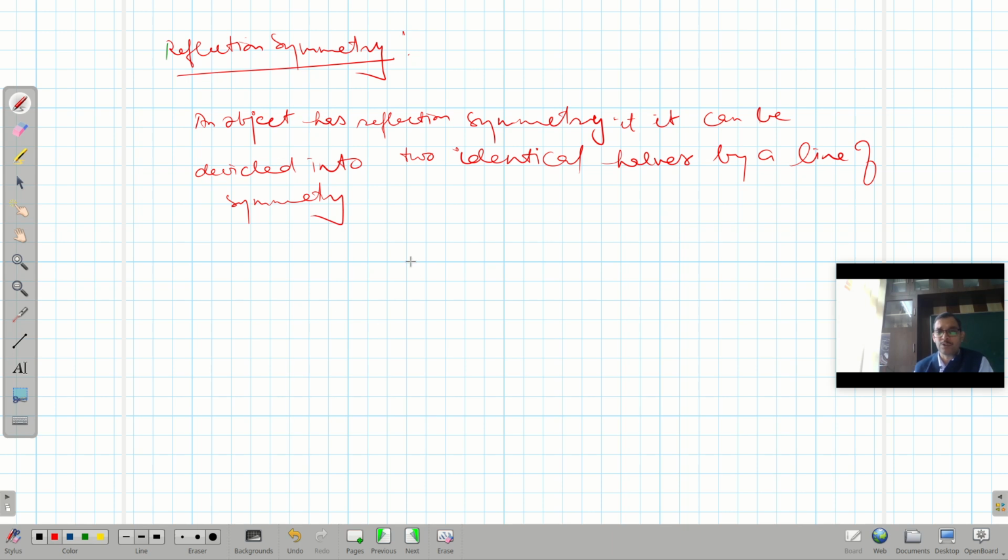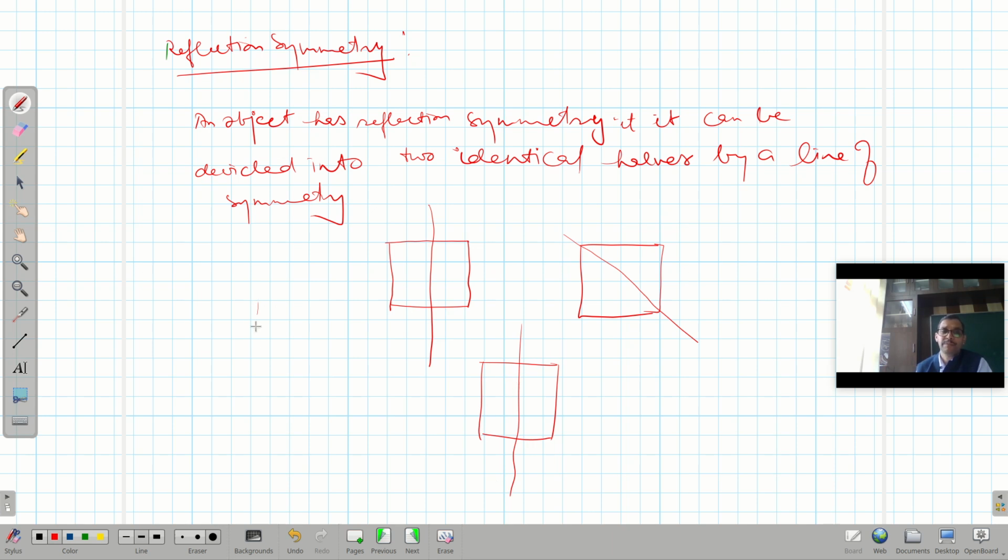I will not talk about it in detail because reflection symmetry is helpful in quantum mechanics. Say if this is a square and if I cut it like this into two identical halves, they look identical, right? Or if I cut it this way, it also looks identical.